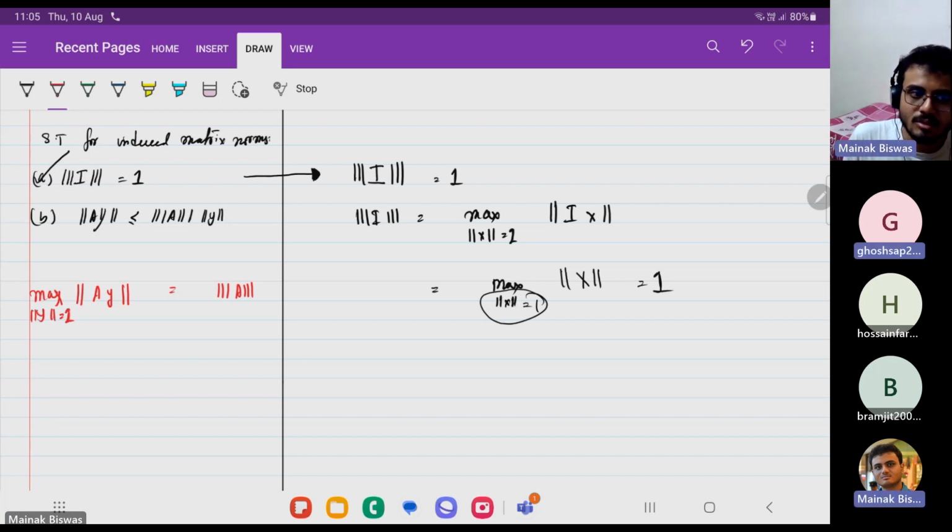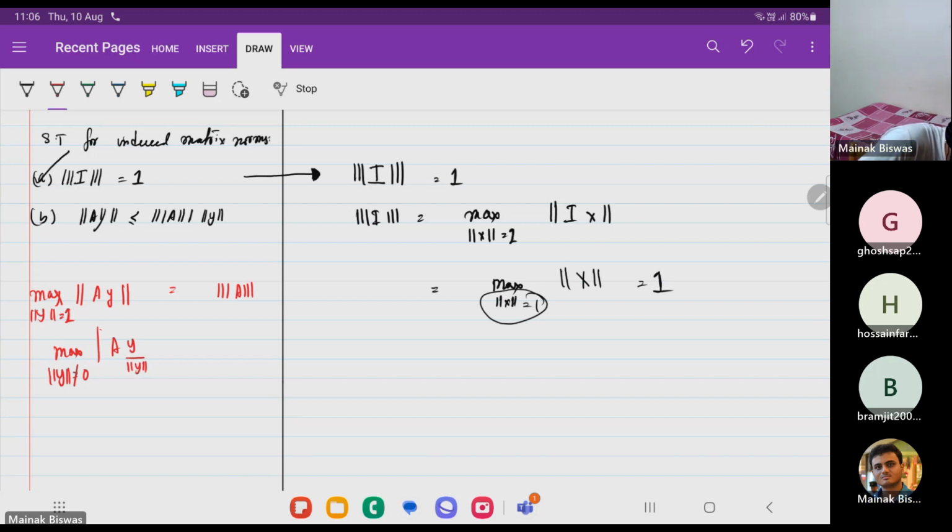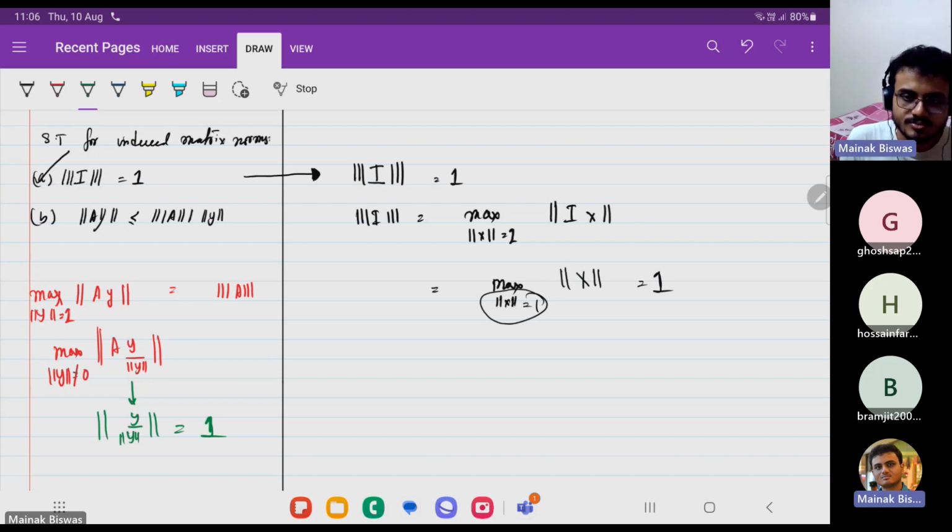I'm going to take the maximum energy. So if I write max over y not equal to 0, I have been doing this all around, scaling y, right? So y by norm of y has a norm of 1. Do you agree? So I can put any y now, right?